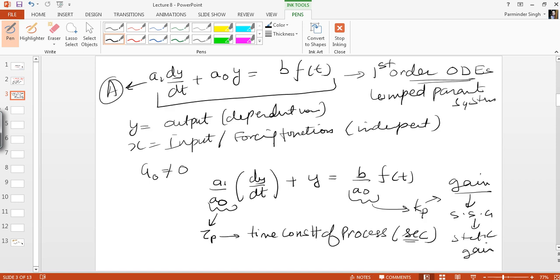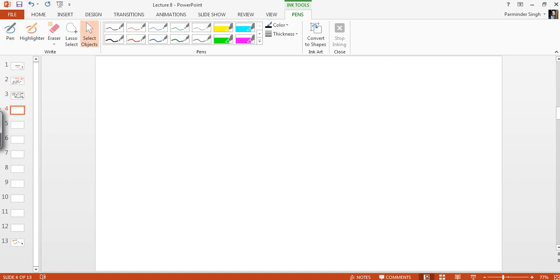Clear? Now further, this equation can be represented as tau p dy by dt plus y equal to kp into f of t. Clear? Now taking the Laplace transform and considering that the initial conditions are 0, what do we have?